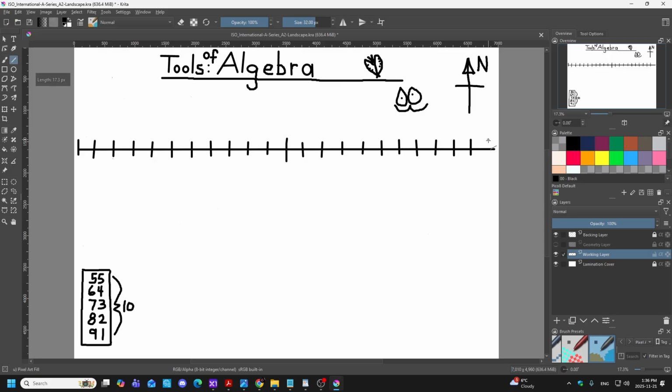Hopefully that worked out. Let's start putting some numbers down. Again, this is center, and I'll just write center. Then we'll do some examples.